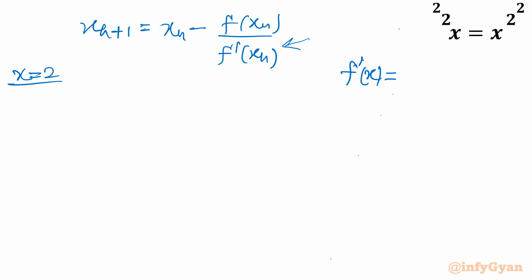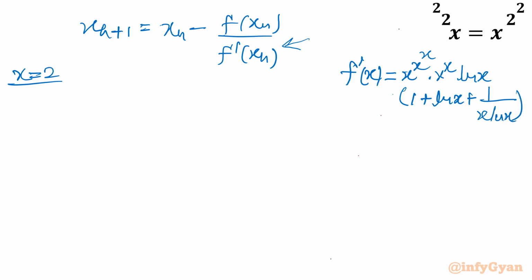That value, if I sum up, is coming out x power x times x power x into ln x in bracket 1 plus ln x plus 1 over x ln x in product. Everything is in multiplication except this bracket. Now I am going to put x equal to 2, the base value.